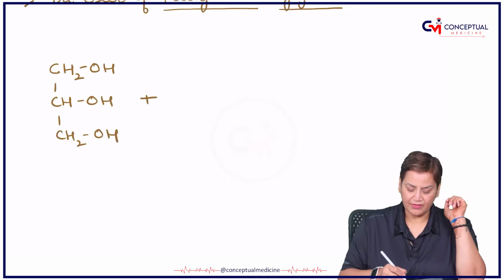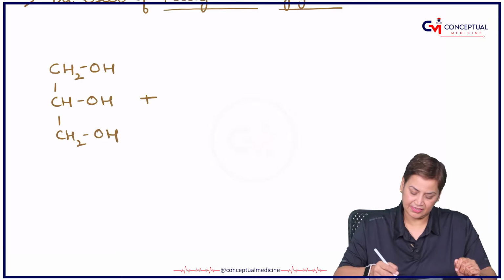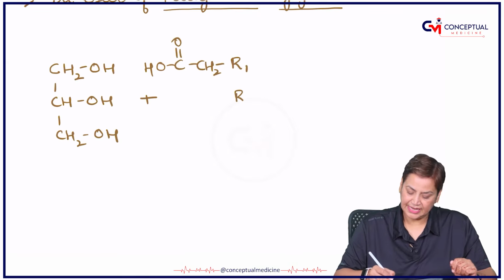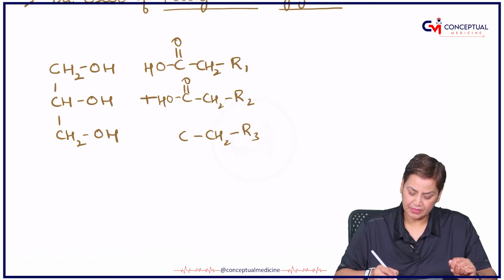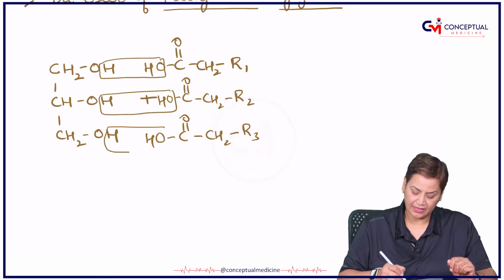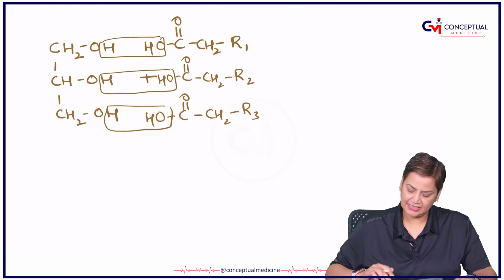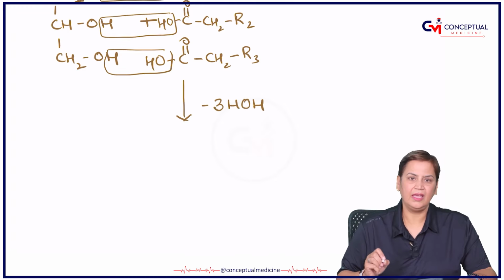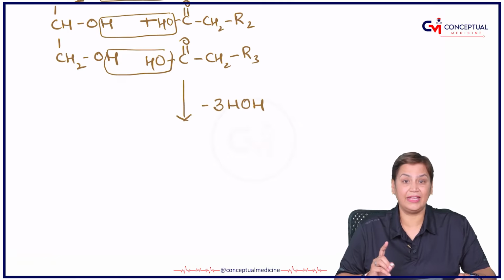When this glycerol combines with 3 fatty acids, this is one fatty acid, CH2COOH, this is the second fatty acid, and this is the third fatty acid, 3 molecules of water will come out. That is why an ester is produced. So minus 3 water molecules, and what we get is a triester.